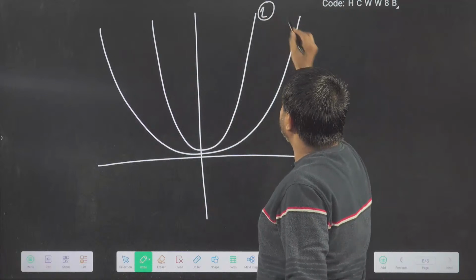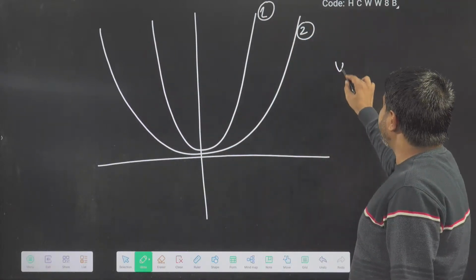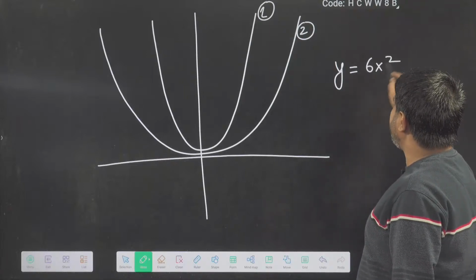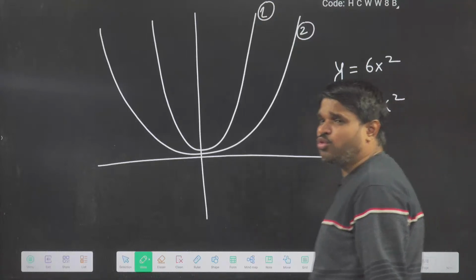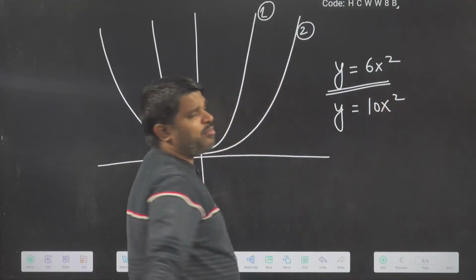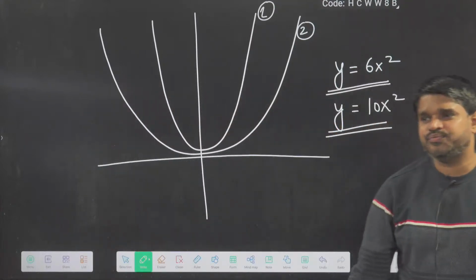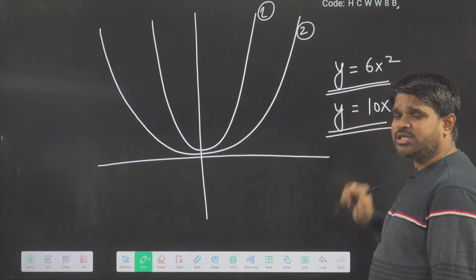Parabola number 1, parabola number 2. One equation is y equals 6x square and the other is y equals 10x square. You have to tell me which parabola 6x square represents and which parabola 10x square represents.